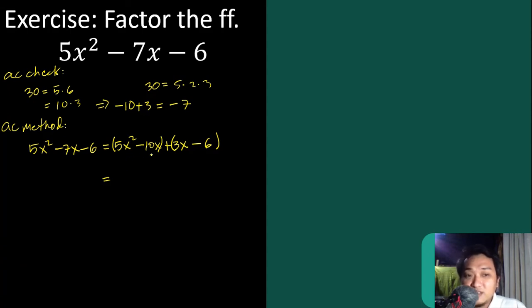So for this quantity we have 5x. 5x squared divided by 5x is x, minus 10x divided by 5x is 2, plus the common factor between 3 and 6, which is 3, times 3x divided by 3 is x, minus 6 divided by 3 is 2. Okay.